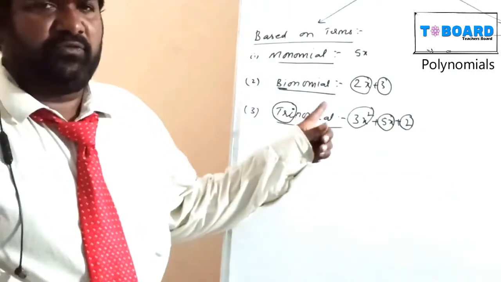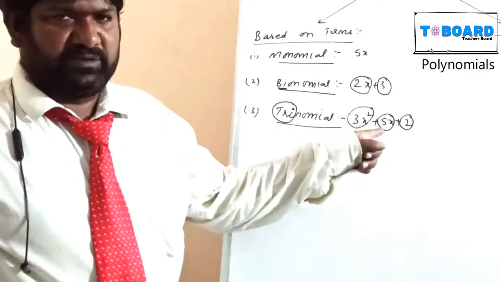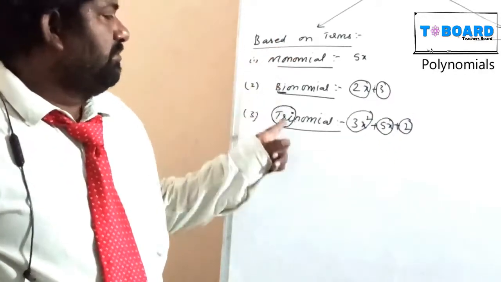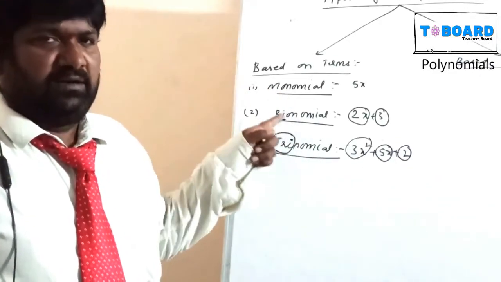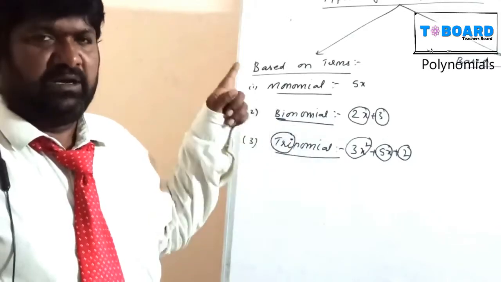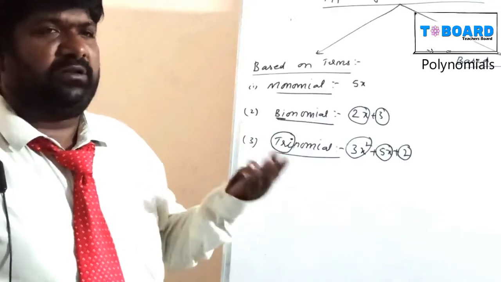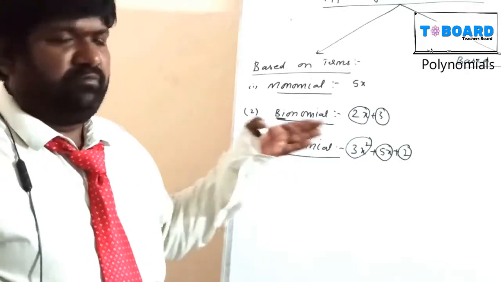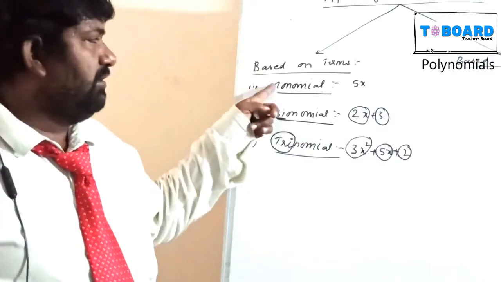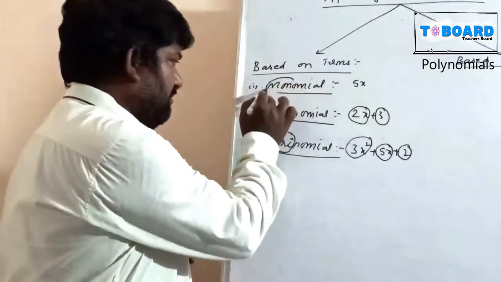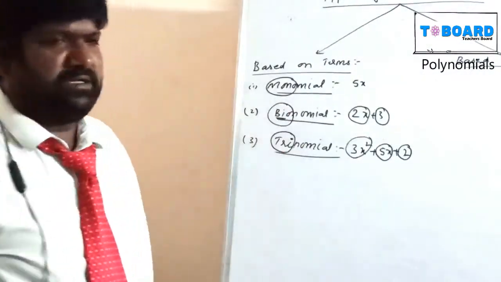Total number of terms is 3. First, a single term is a monomial, 2 terms a binomial and 3 terms a trinomial. For more than 3 terms, it is just a polynomial with 4 terms or 5 terms.